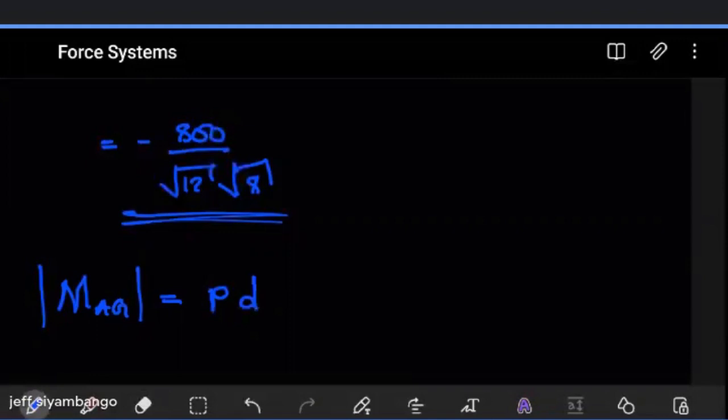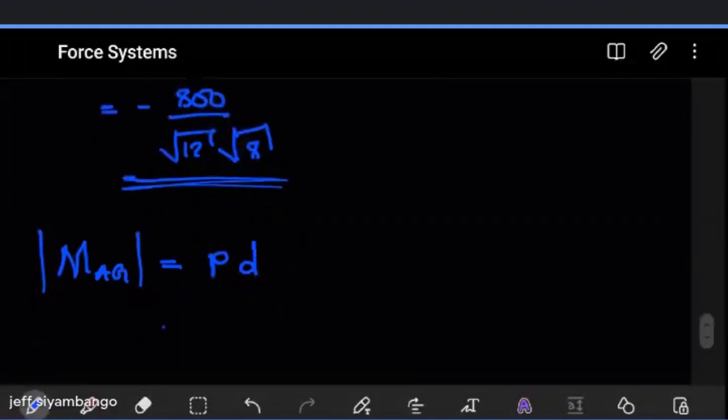You see, if they are actually perpendicular, then we can get the same answer by just multiplying the force 200 by the distance between them.